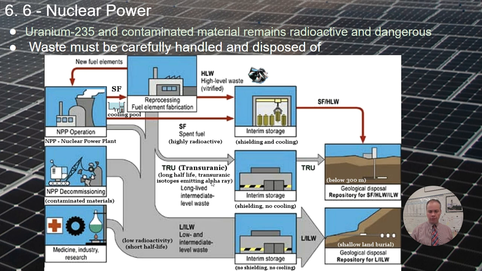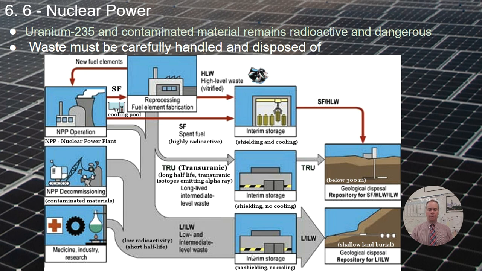So different amounts, different types of waste have to be handled differently. Some of this transuranic waste, okay, has a long half-life. These intermediate wastes are stored, okay, until they can be disposed of. Also, the low-level waste does not need to be shielded because it is less radioactive than others.